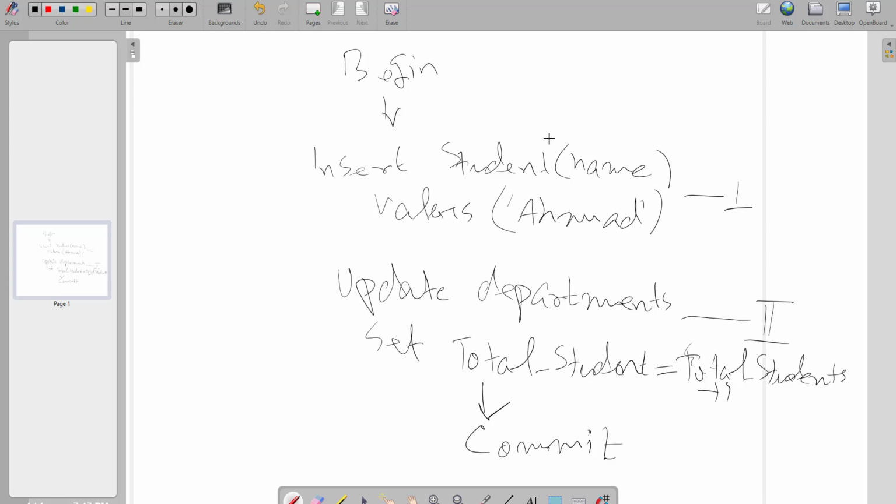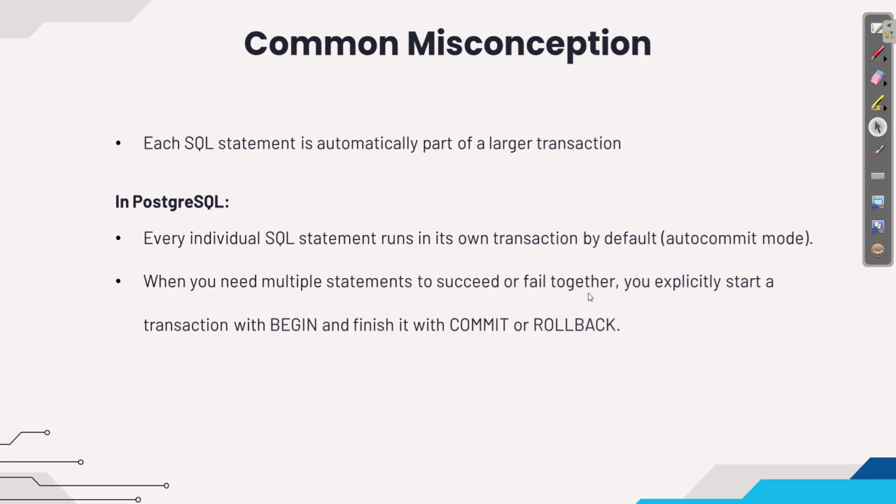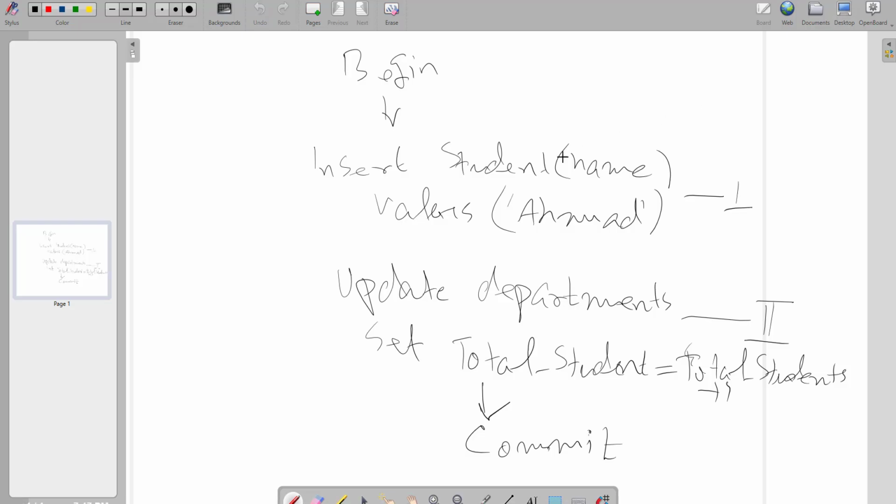Okay, so this is another example of a transaction. Common misconception: each SQL statement is automatically part of a larger transaction. No. As we have seen, there are two SQL commands.